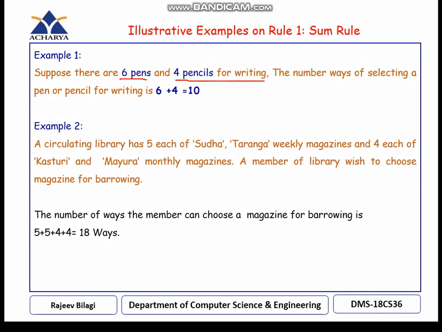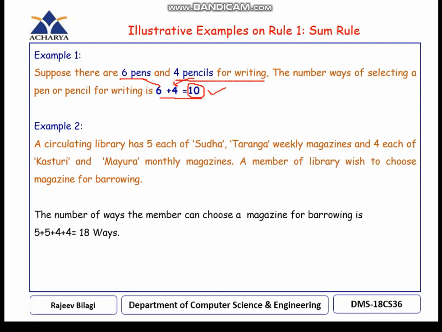So either these pens or these pencils can be selected in this many ways. 6 is for pens and 4 is for pencils. So the total number of possible ways of selecting either a pen or a pencil is 10.